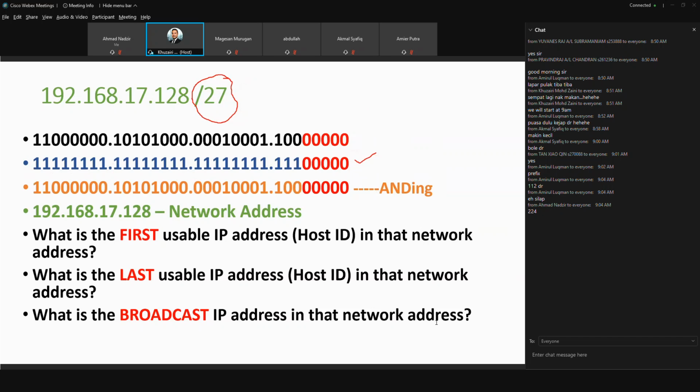So the subnet mask will become 255.255.255.224, so dot 224.